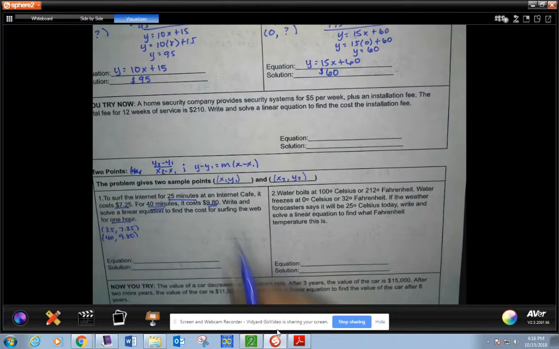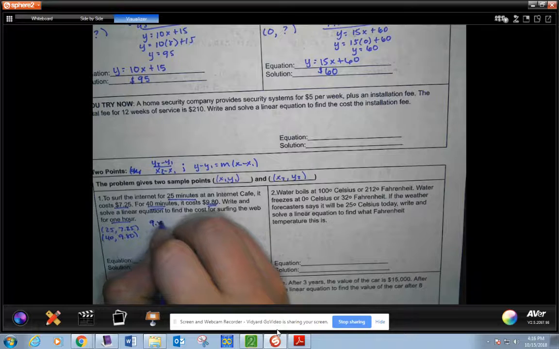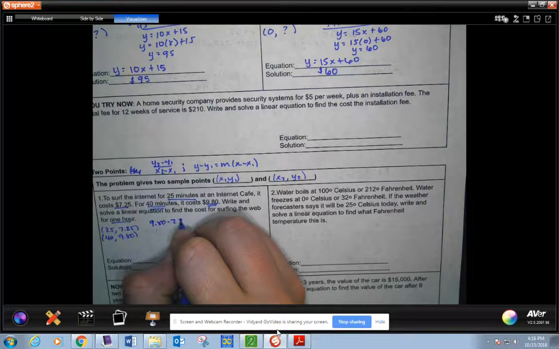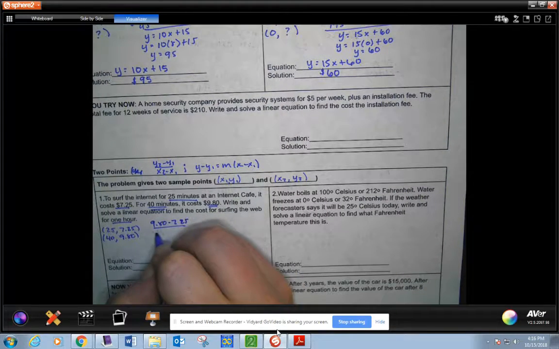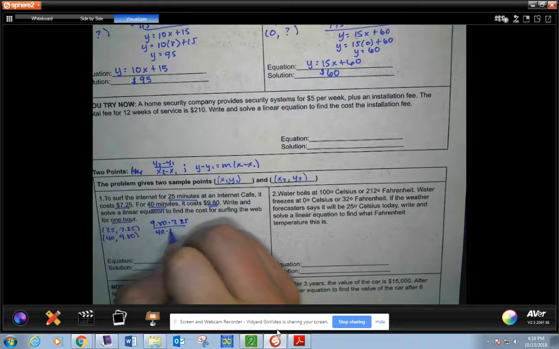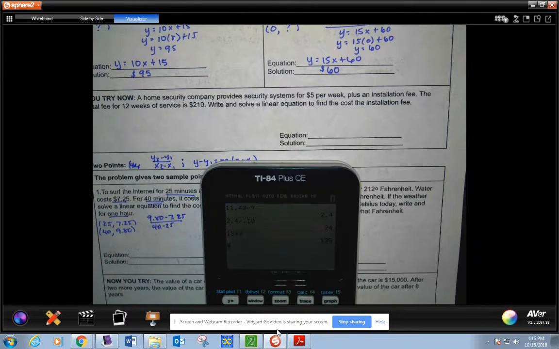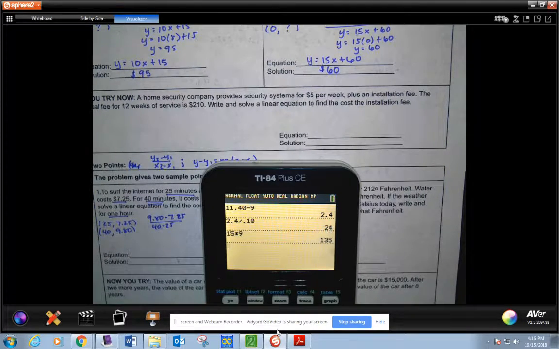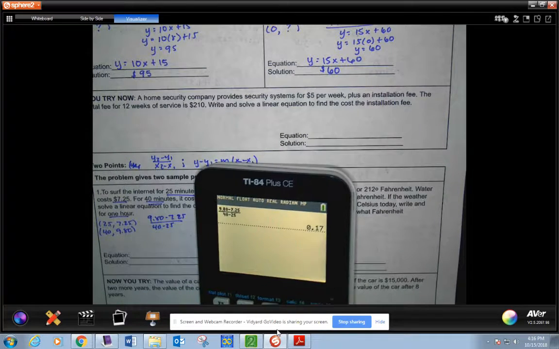Since they gave me 2 points, the first thing we're going to do is this equation. We're going to do 9.80 minus 7.25 divided by 40 minus 25. Okay, you don't have to do that in your head if you don't want to. You can do 9.80 minus 7.25 over 40 minus 25, and that gives me 0.17.